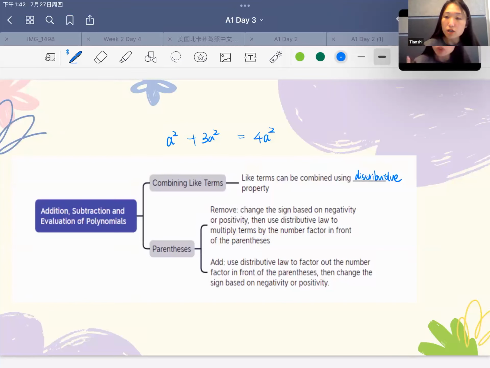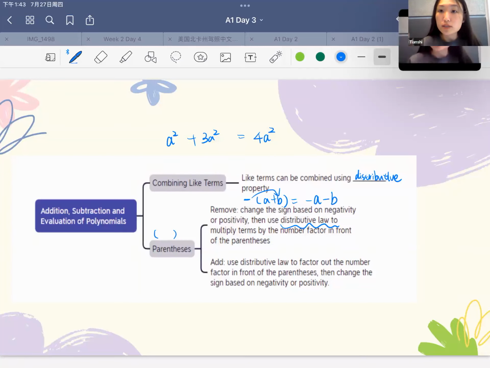And the second thing, which is also important, is about parentheses. When removing the parentheses, we need to change the sign based on negativity or positivity. If there is a negative sign in front of the parentheses, for example, negative (a plus b), we need to use the distributive law to multiply the terms by the number factor in front of the parentheses, which means that when we open up the parentheses, it becomes negative a and also minus b.